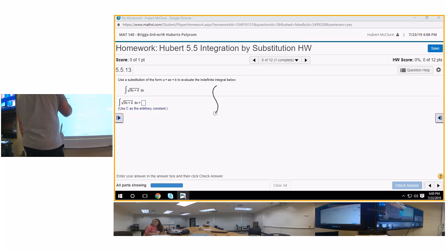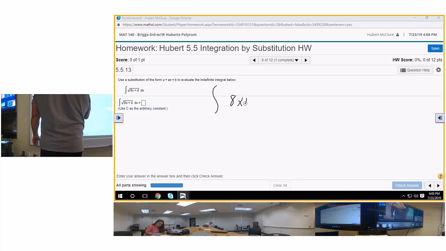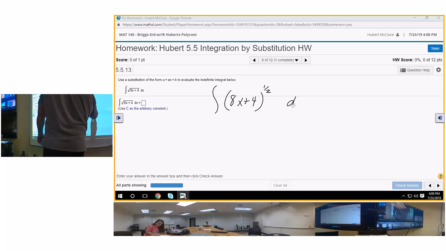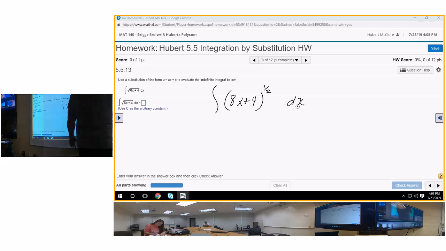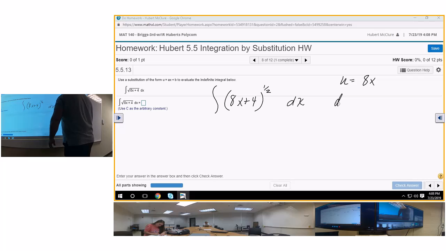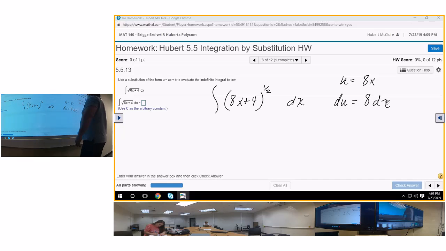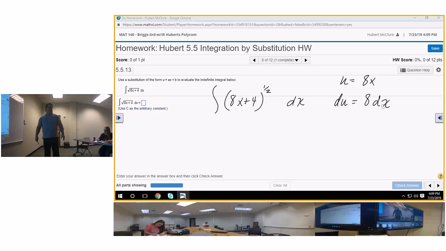I'm just going to write the integral of (8x plus 4) to the 1/2 power dx. And then u is equal to 8x plus 4. Therefore, du is equal to 8 what? dx. So what do we have? We have dx.